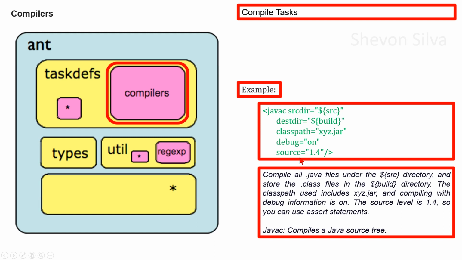Here you can see the source attribute, Java language features accepted by the compiler as specified by the -source command line switch. Valid feature versions are 1.3, 1.4, 1.5 or 5, etc.